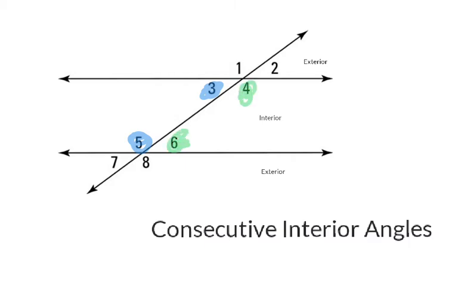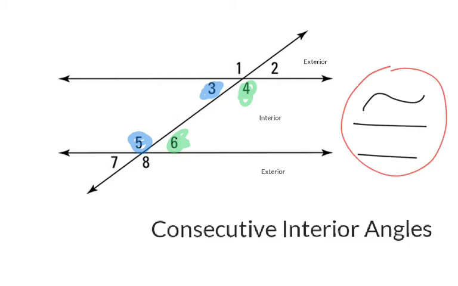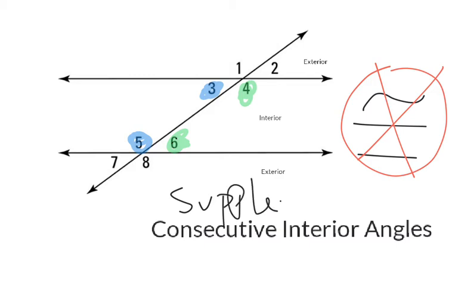And what's strange about consecutive interior angles is that they are not congruent. Repeat, these guys, congruent? No, not congruent. But they are supplementary, meaning they add up to 180 degrees.